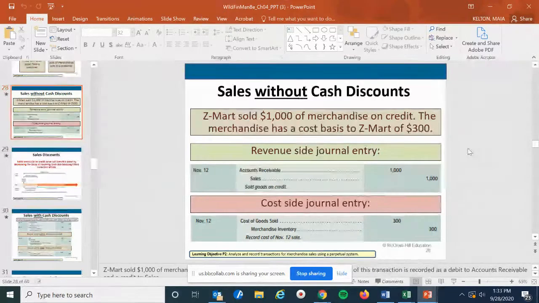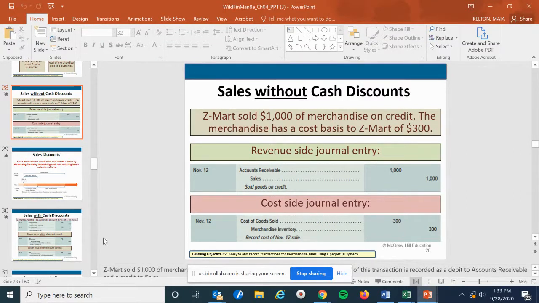That's the expense we call cost of goods sold. So these transactions will always go hand in hand. The company will always show the revenue and the expense together because of something that we learned in chapter 3. We learned the revenue recognition principle and the expense recognition or the matching principle there.